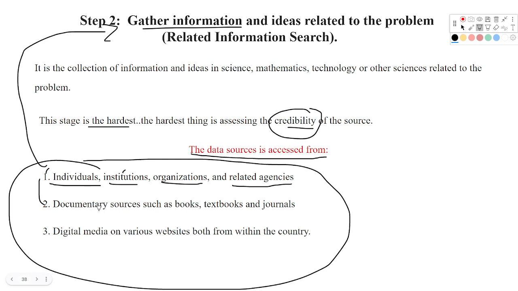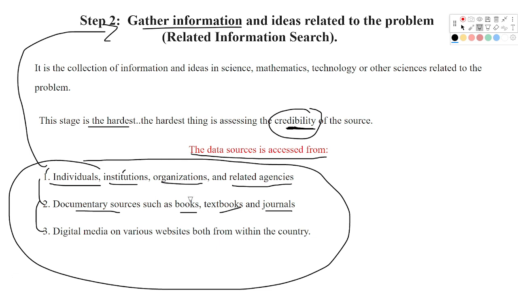Number two, you can get it from documentary sources such as books, textbooks, or journals. Then number three, you can get it from digital media or various websites, both from within the country. So this is where you get your information from. You get your information from these three places, but you're not really sure if it's the right information.